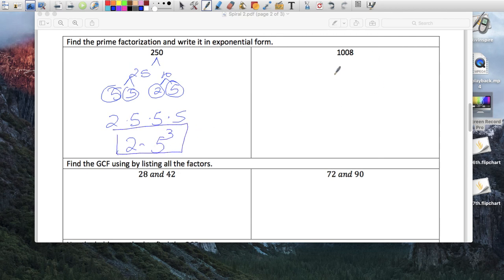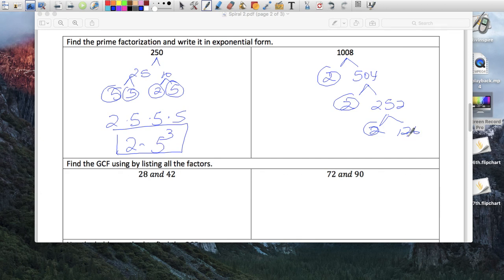1008, ugh, ugly number. So 2 and 504, circle, 2 and 252, 2 and 126. This one might be a long one.